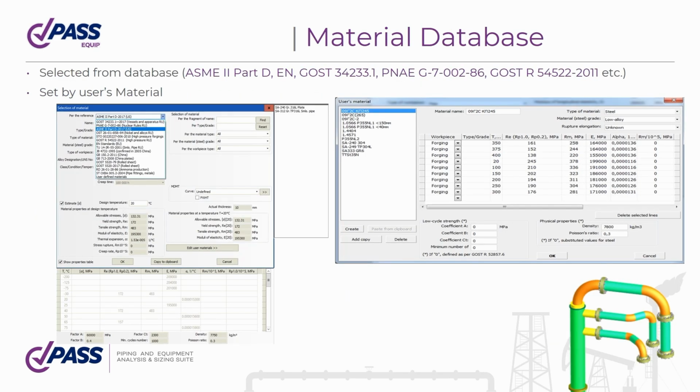As I already said, there is a large database of materials including ASME Section II Part D, European, Chinese, and Russian standards. You can create a material with your own properties. To do this, choose the standard material as similar to yours as possible, copy it to the clipboard, paste it into user materials, and correct the necessary data.